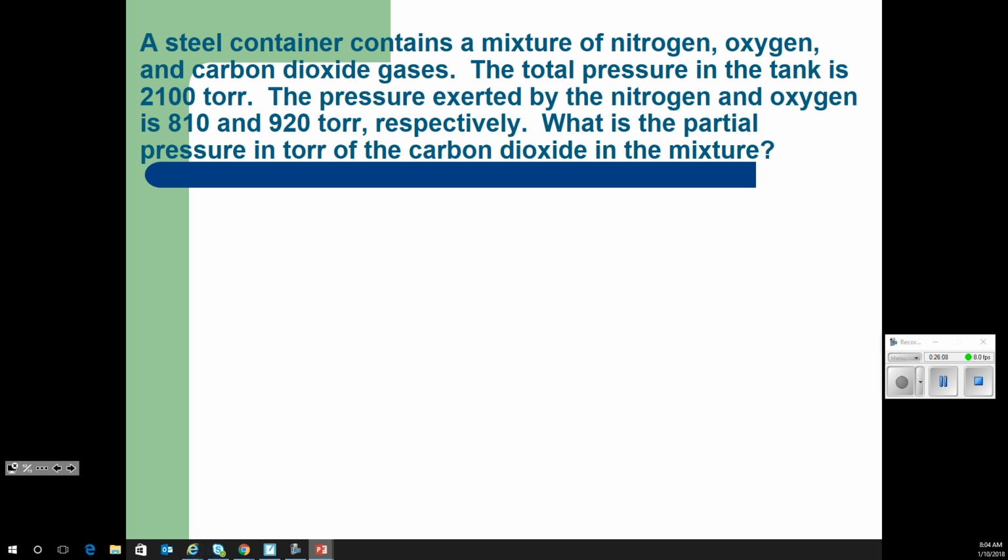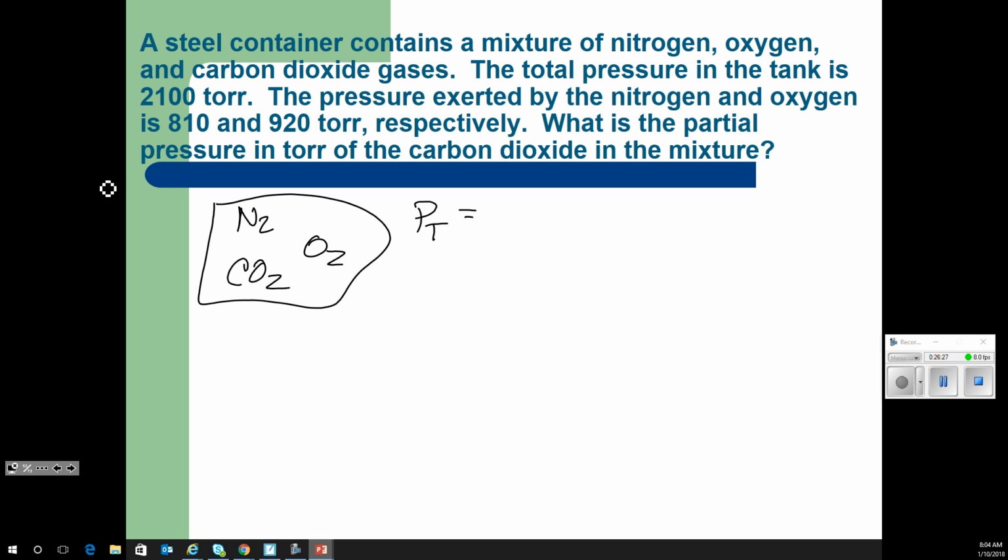Oh my goodness, look at this one. A still container contains a mixture. Like I said, I'm a visual person, so here's my still container. I'm not a very visual drawer. I'm not an artist. Okay, it contains a mixture of nitrogen, oxygen, and carbon dioxide. The total pressure, PT, in the tank is 2,100 torr.